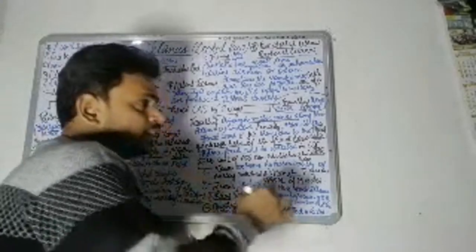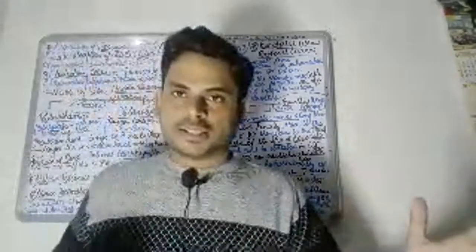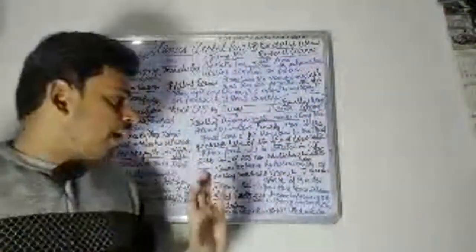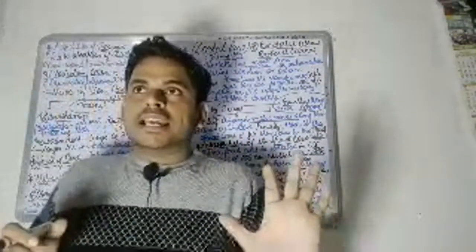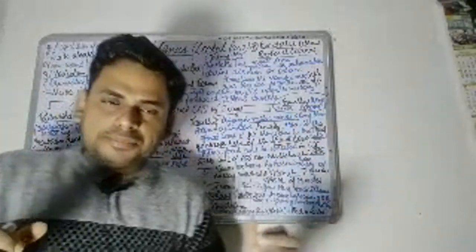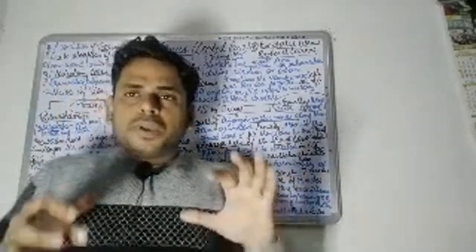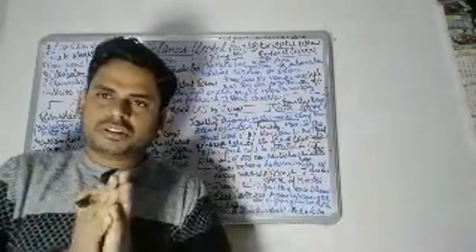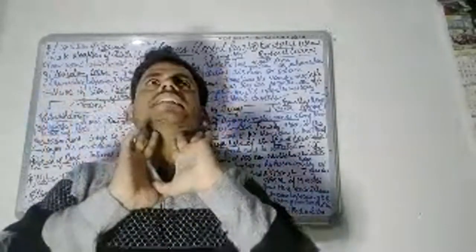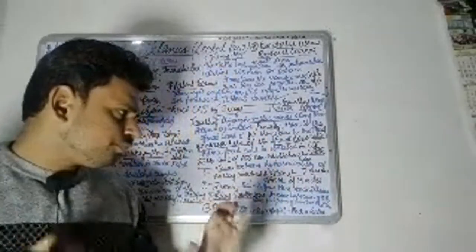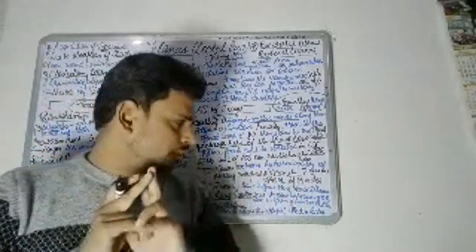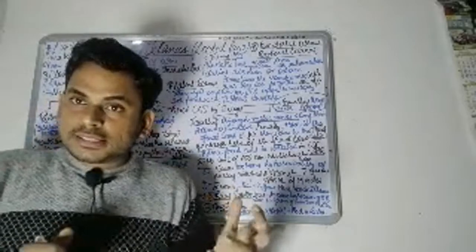Moving on to the next important terminology, that is risus sardonicus. So what is this risus sardonicus? It is a characteristic in which the tetanus patient shows an anxious expression. And why is this shown?